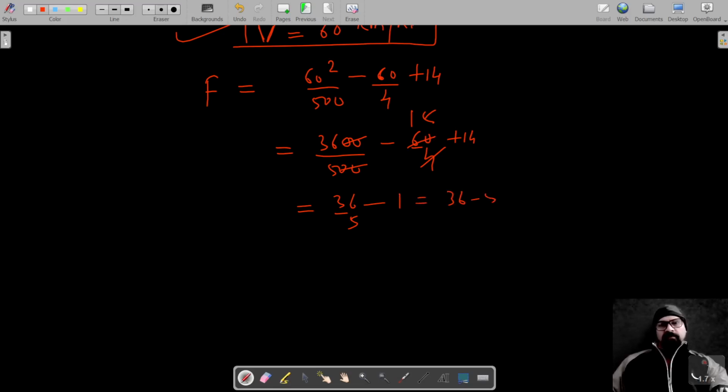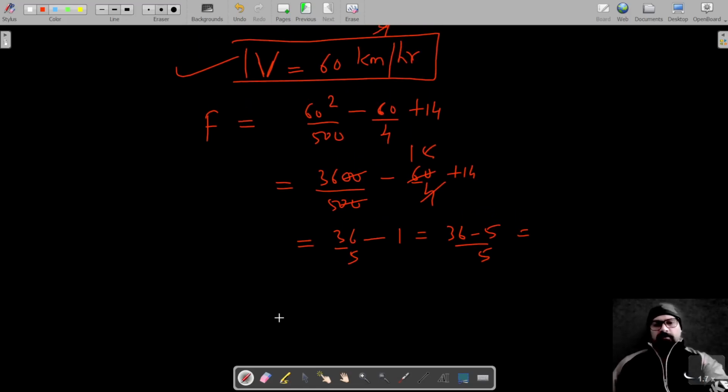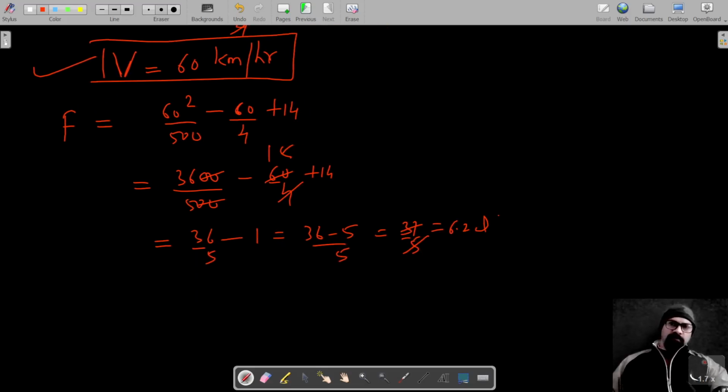This is 36 minus 5 by 5, which is equal to 31 by 5, which is equal to 6.2 liter per 100 kilometer.